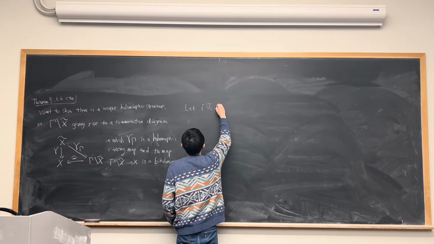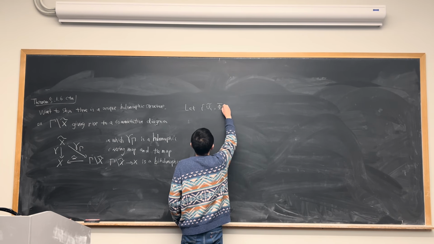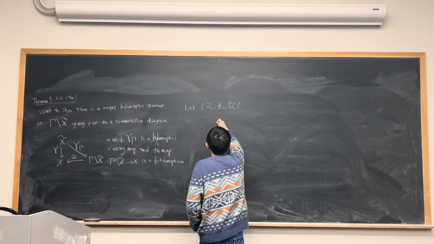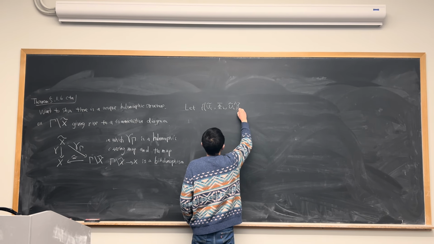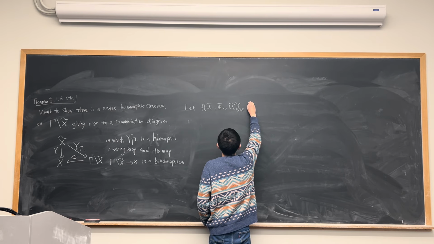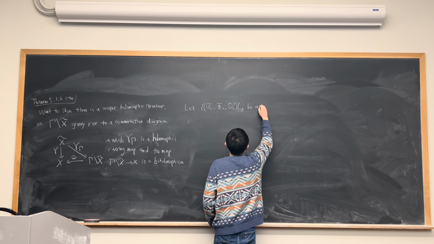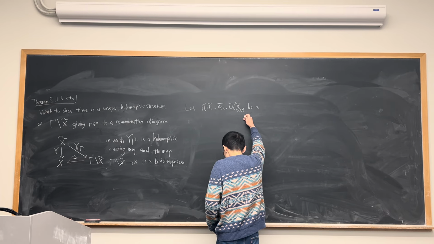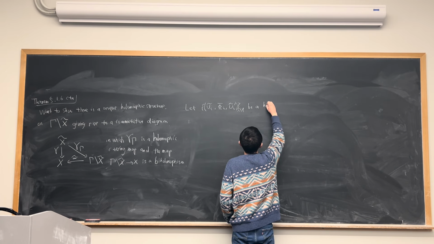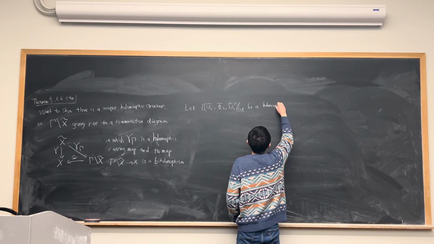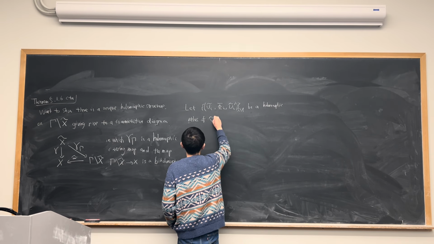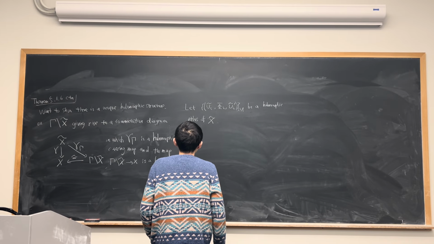Let's call the charts U_i tilde, with maps phi_i, and images U_i tilde prime, forming a holomorphic atlas of this X tilde.